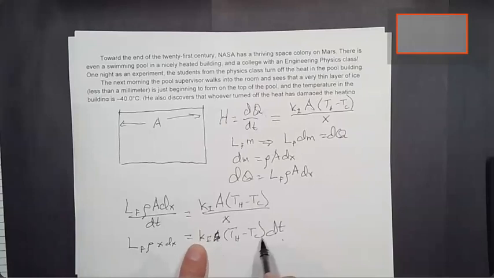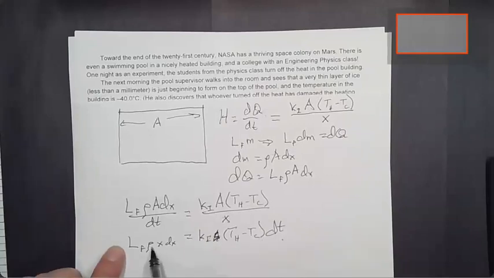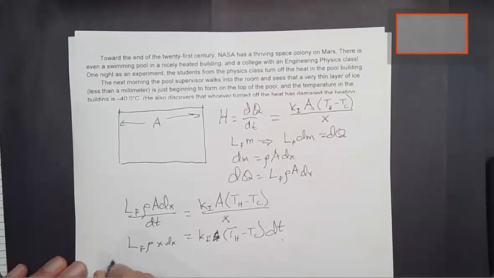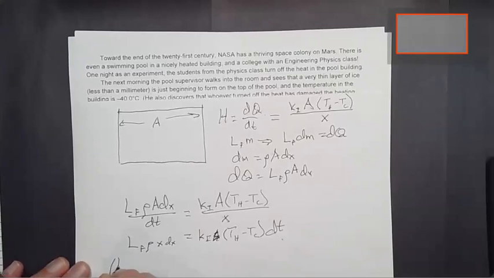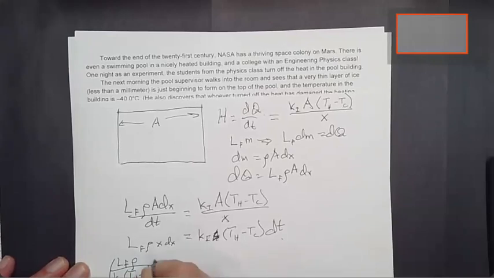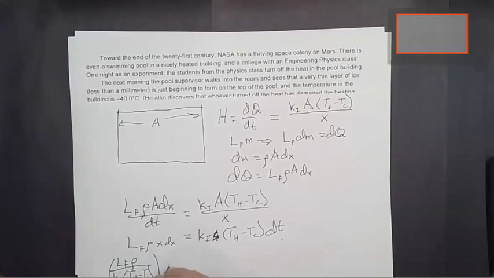By the way, these are all constants, so I can lump all of those things together: L sub f rho divided by K sub I times TH minus TC.